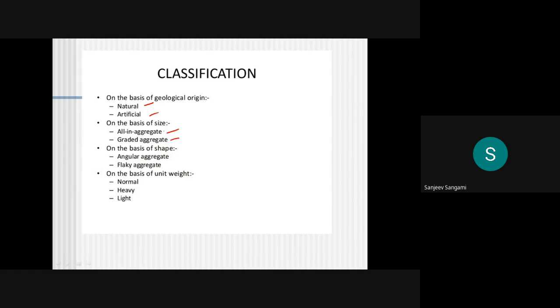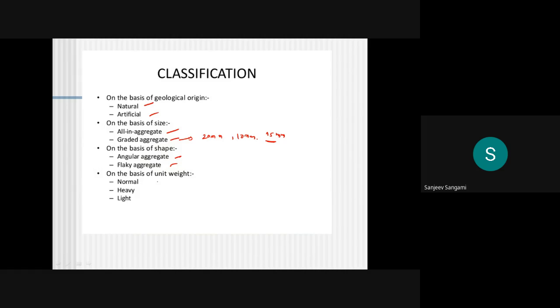All-in means a mixed proportion of aggregates. But for graded, they will specifically mention 20 mm size or 10 mm size or 15 mm size. So different sizes with proportions, it's a gradation.